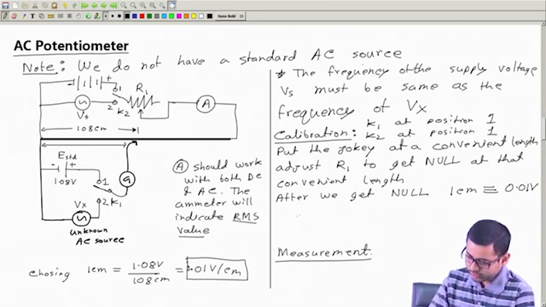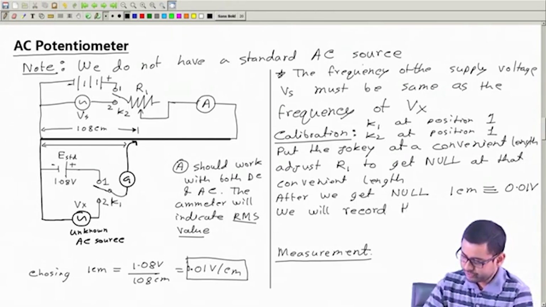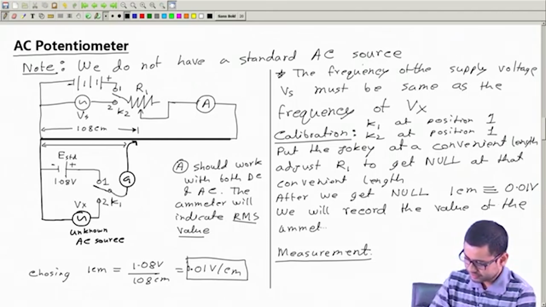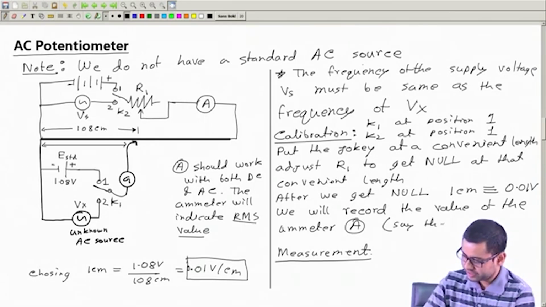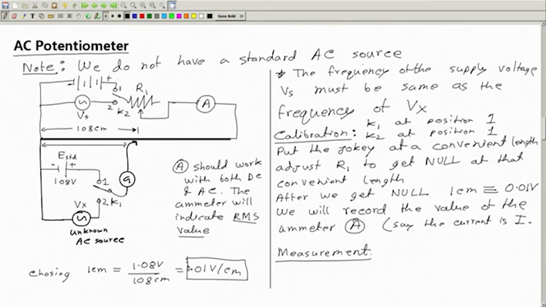Okay, so we will do one more thing in the calibration phase, which is we will record or note the value of the ammeter A. Say this current is IC, current during calibration.